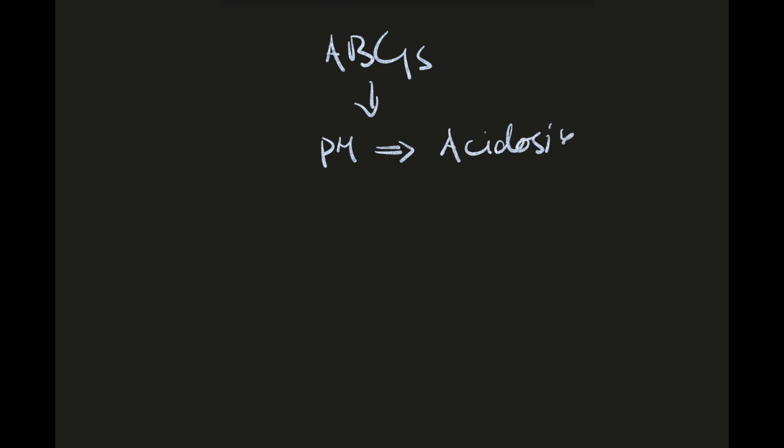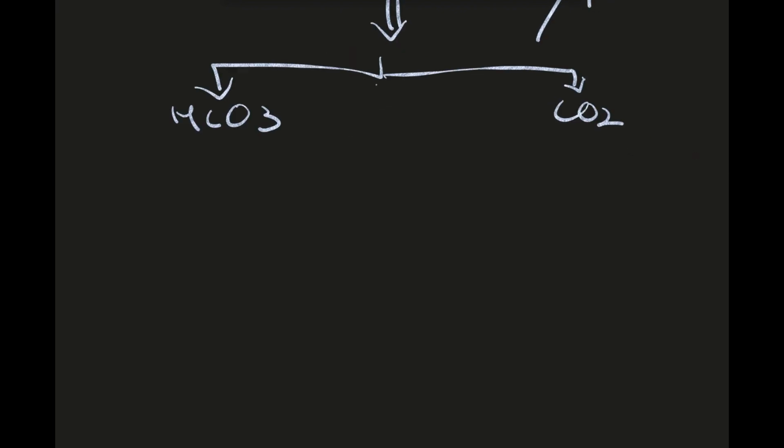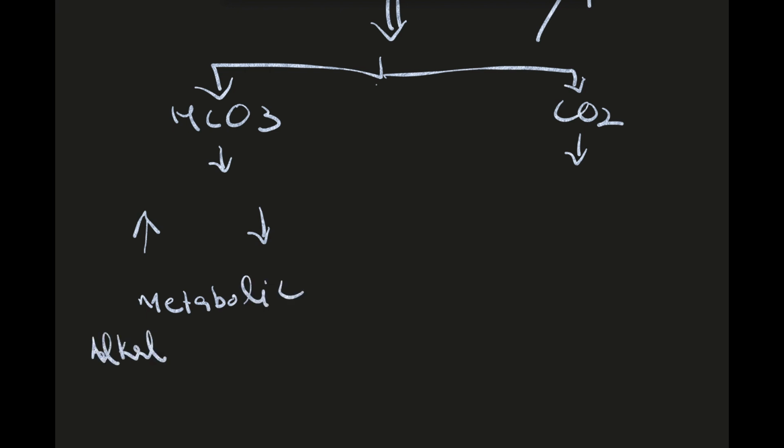So, whenever ABGs come in front of you, look directly at pH and determine whether it is acidosis or alkalosis. Then straight away look for the bicarbonate and CO2 levels. Depending upon their increase or decrease, they could be labeled as metabolic alkalosis, the first one increase, or acidosis, the decrease.